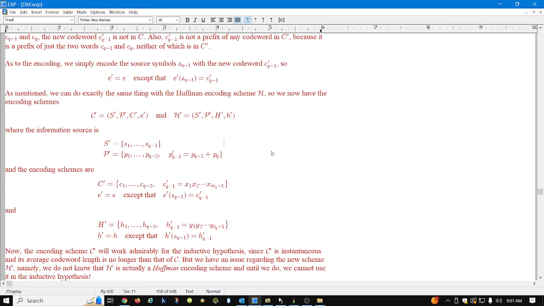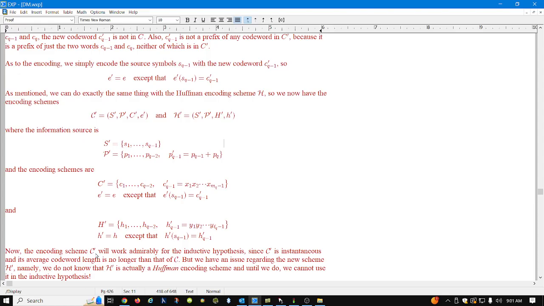Now let's remember why we did all this. We want to apply the inductive hypothesis, so we needed encoding schemes whose source alphabet had size q-1. And we have done that by tweaking both C and H, script C and script H. Now, as far as applying the inductive hypothesis, the encoding scheme C prime is just fine for the inductive hypothesis.